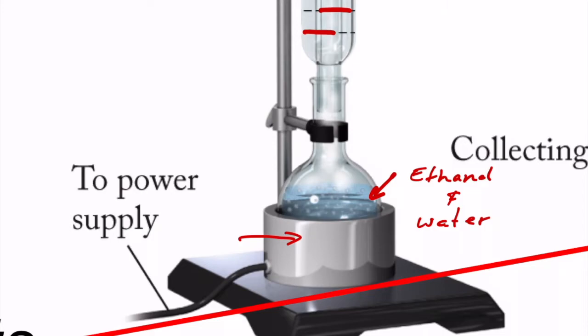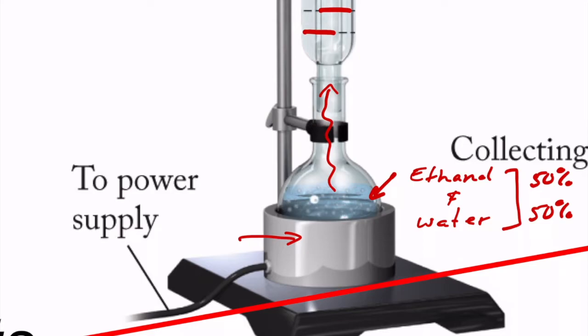Since ethanol has a lower boiling point or a higher vapor pressure than water, if this composition was, say, 50% ethanol and 50% water, so that's in the solution itself, in the liquid, then as it evaporates up here, that composition is going to end up being different in the vapor phase, because more of the ethanol will be evaporating compared to water.